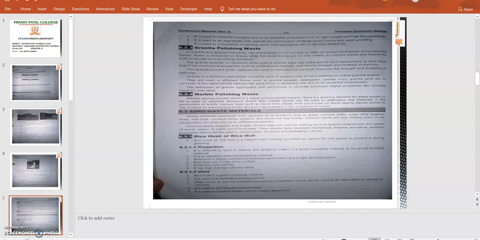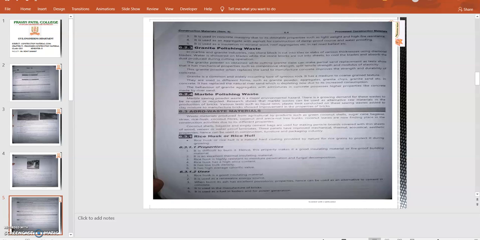So the coconut shell, bagasse or the empty cement bags are used for making particle boards, then covered with thin sheets of wood veneer or waterproof laminates. These panels have improved mechanical, thermal, and acoustic aesthetic properties, hence can be used for the construction of furniture and packaging industries.